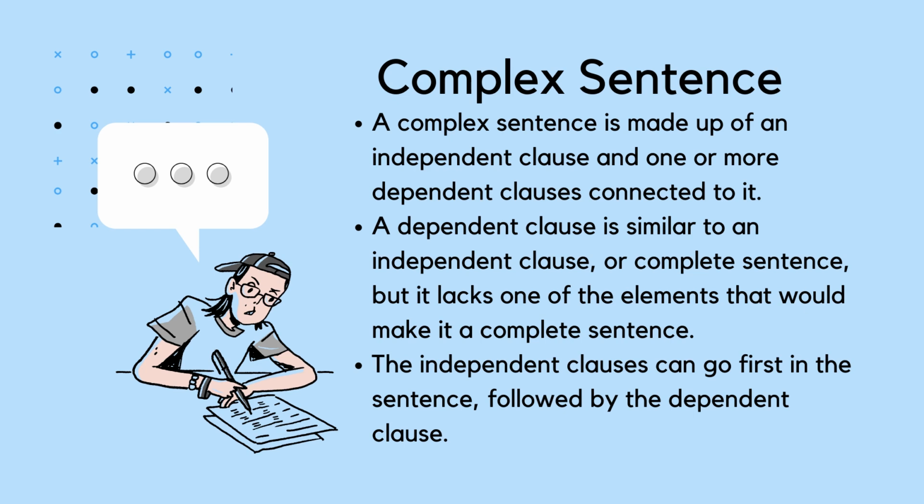Here, a dependent clause is similar to an independent clause or complete sentence, but it lacks one of the elements that would make it a complete sentence. In other words, dependent clause has no complete idea and it does not make a meaningful sentence.